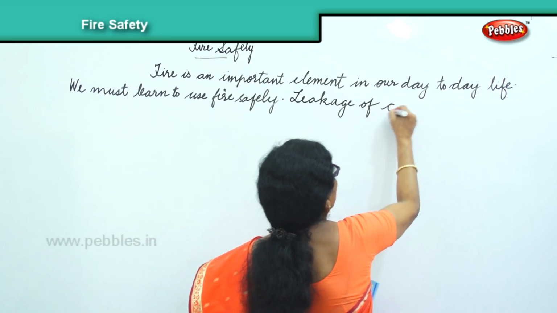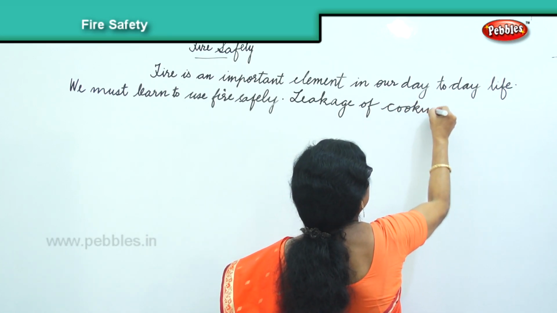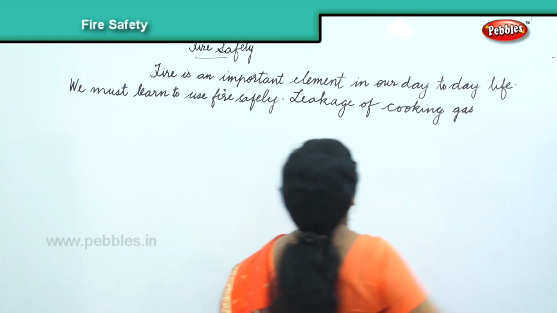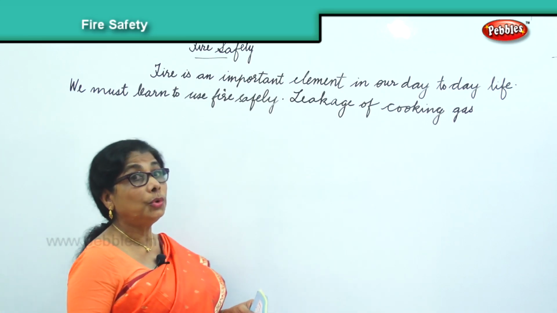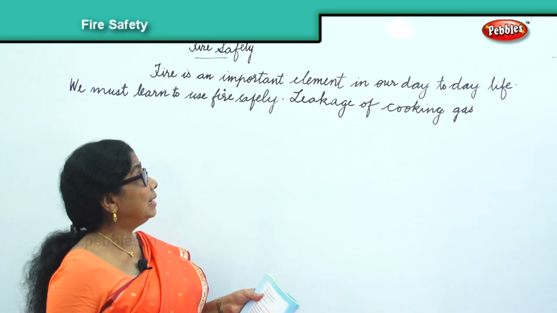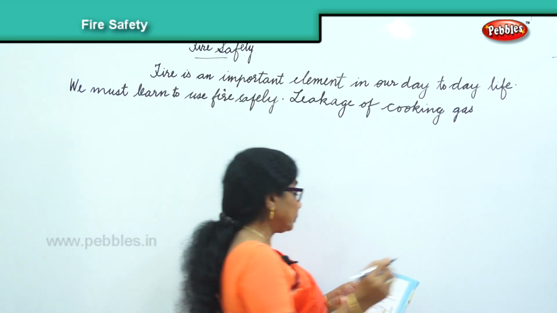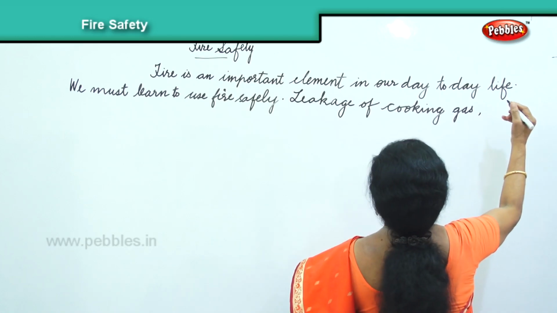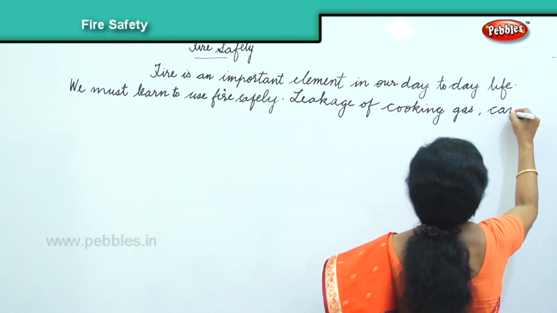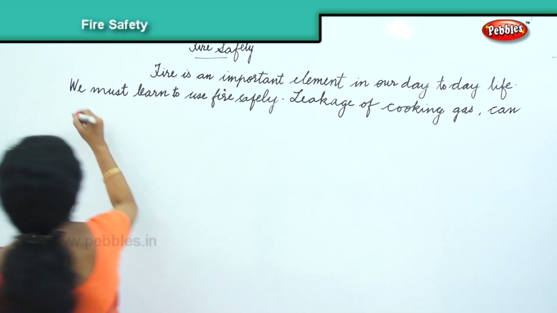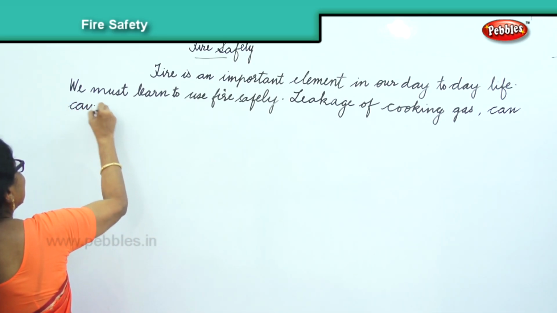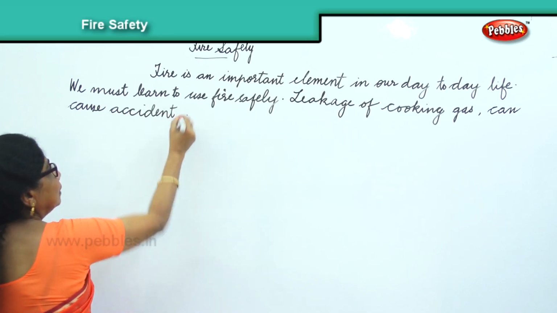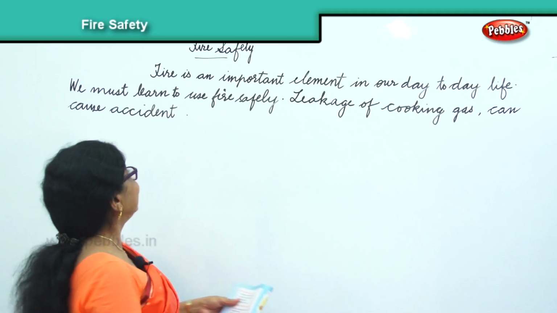Cooking gas, that is one. We must learn to use fire safely. So when there is a leakage of cooking gas, it can cause an accident. That is number one. Leakage of cooking gas can cause accidents.